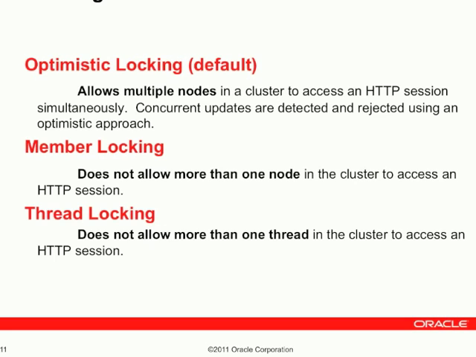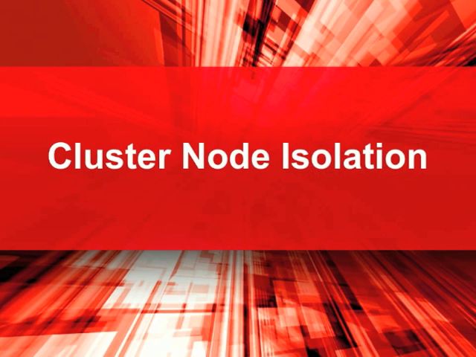One thing to remember about member locking, we'll talk a bit about this when we get into cluster node isolation, is that the cardinality of members per JVM is defined by the class loader architecture, and we'll talk a bit about that later in the talk. Now, cluster node isolation. So what do we mean by this?